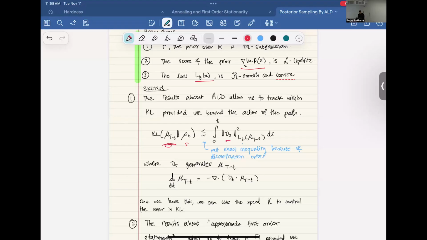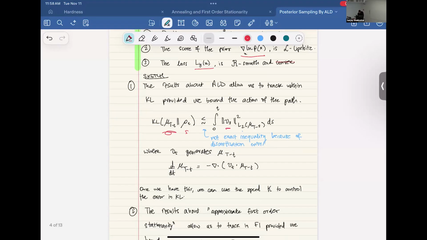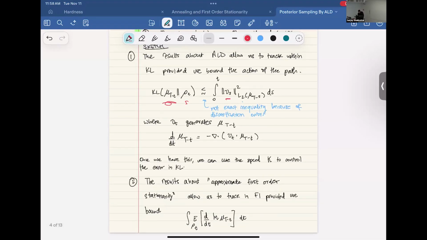One problem here is that we don't know what Vs is, but we will try to work out how to bound it later. And then we can do the same thing, so this is a KL guarantee. Using the Fisher divergence thing from the second part of this talk, we can say that the Fisher divergence scales like this. This is the expected value over the law of the algorithm of the rate at which the log density changes.